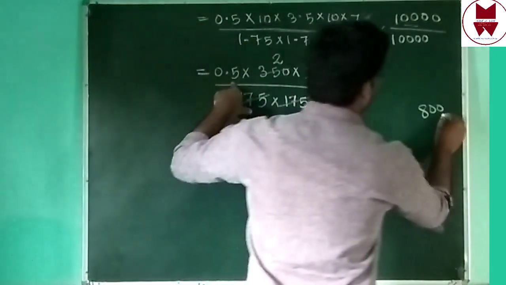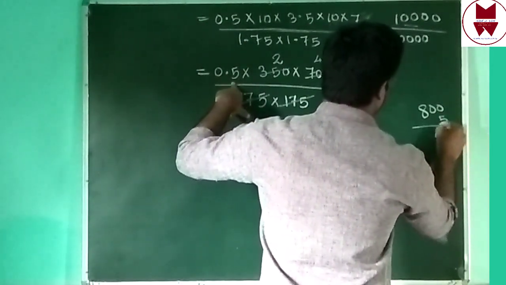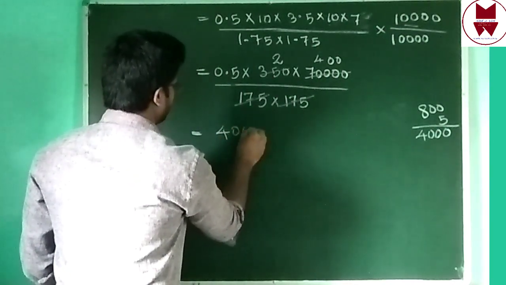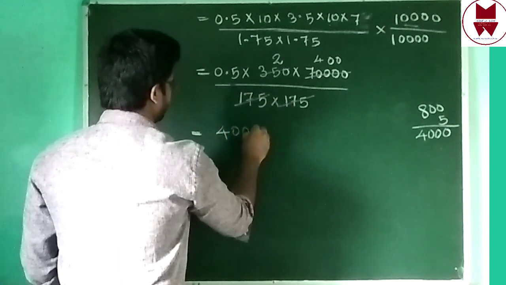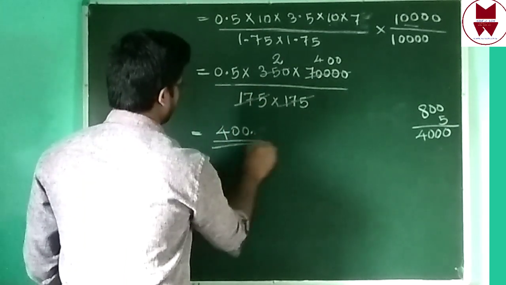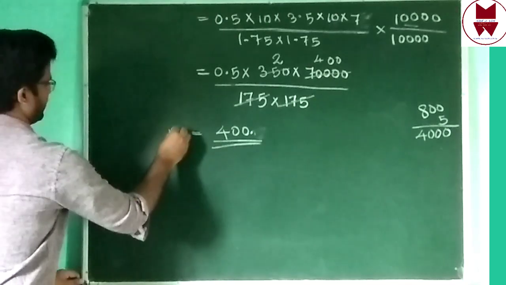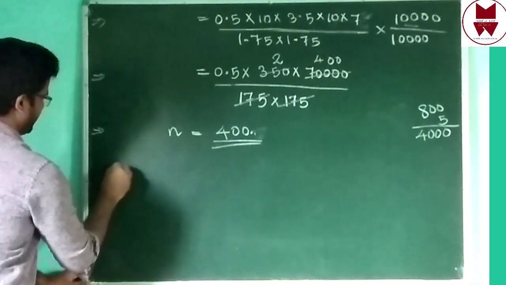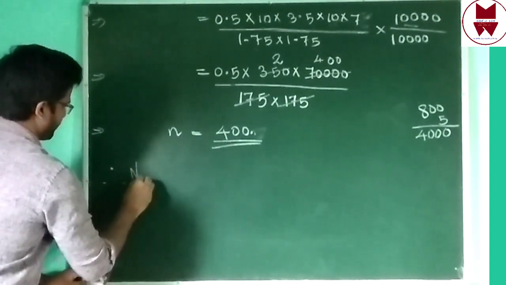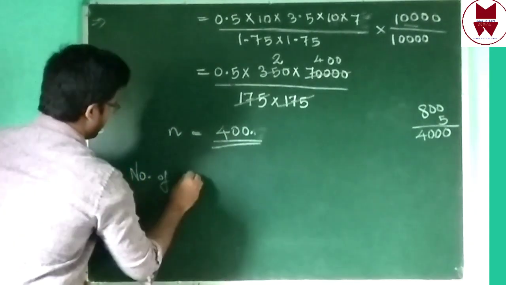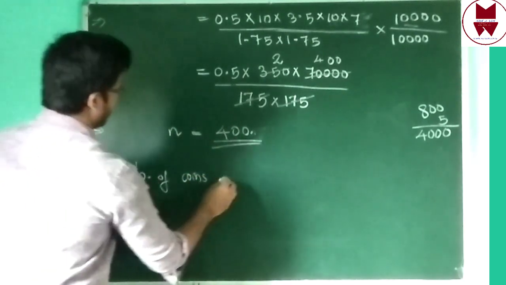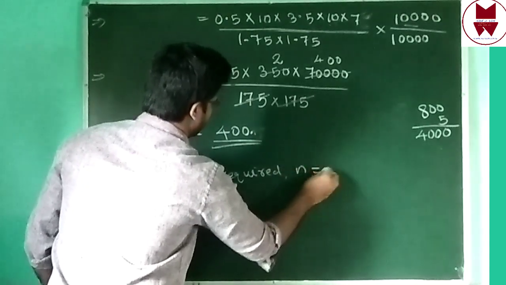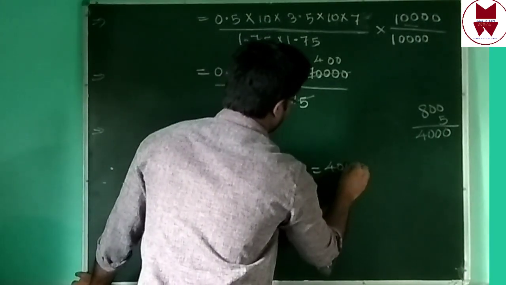Then into 5, we get 4000. After the point 1 number, that means 400. N equal to, we got 400. Therefore, the number of coins required, N equal to 400 coins.